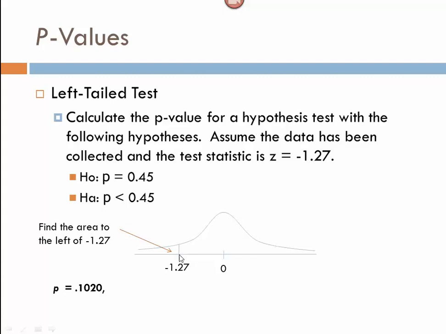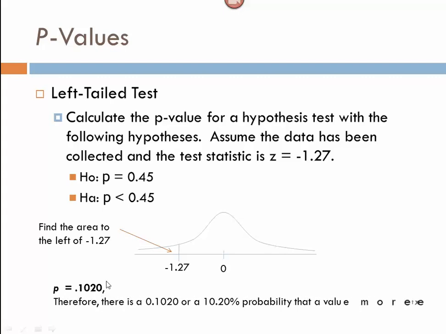Well, the probability that it would fall where it did or somewhere more extreme to the left of it is equal to 10%. So we would look at this from a probability standpoint. We would say there's a 10.2% probability that a value like the one we got or something more extreme would be selected if the null was true.